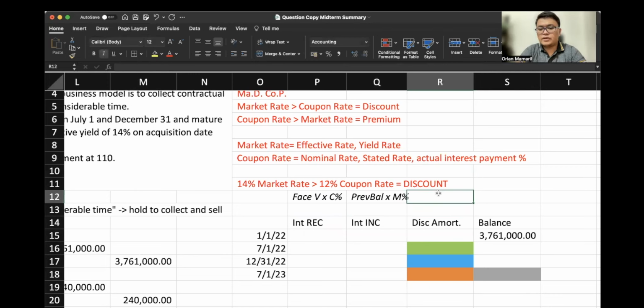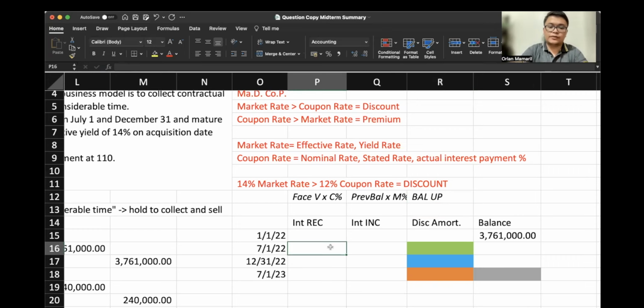And for the discount amortization, the discount is signifying that our cost is lower than the face value. Over the years, when you amortize, another term for amortization is basically eliminate. When we eliminate the discount over the years, our balance will go up. Take note of that. Discount amortization increases our balance.